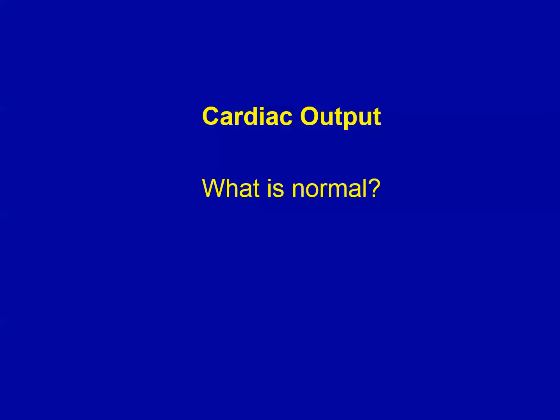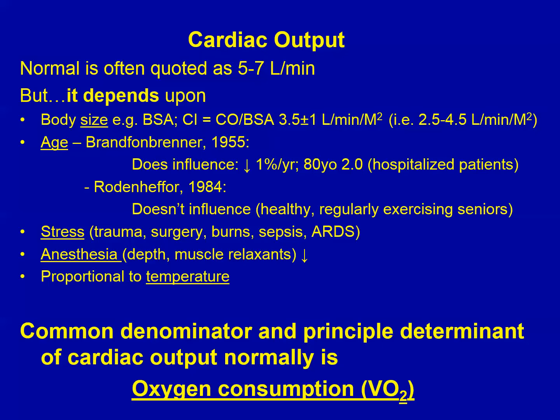So when we measure cardiac output, the question always is, is it normal? Well, normal is often quoted as somewhere between 5 and 7 liters per minute. However, it depends on many variables, including body size. And for this reason, we prefer to express cardiac output as cardiac index, which is cardiac output corrected for body surface area.